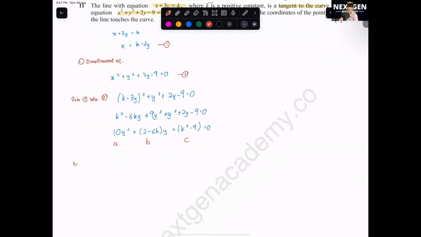Then because of the words tangent to the curve, here is b squared minus 4ac equals 0.